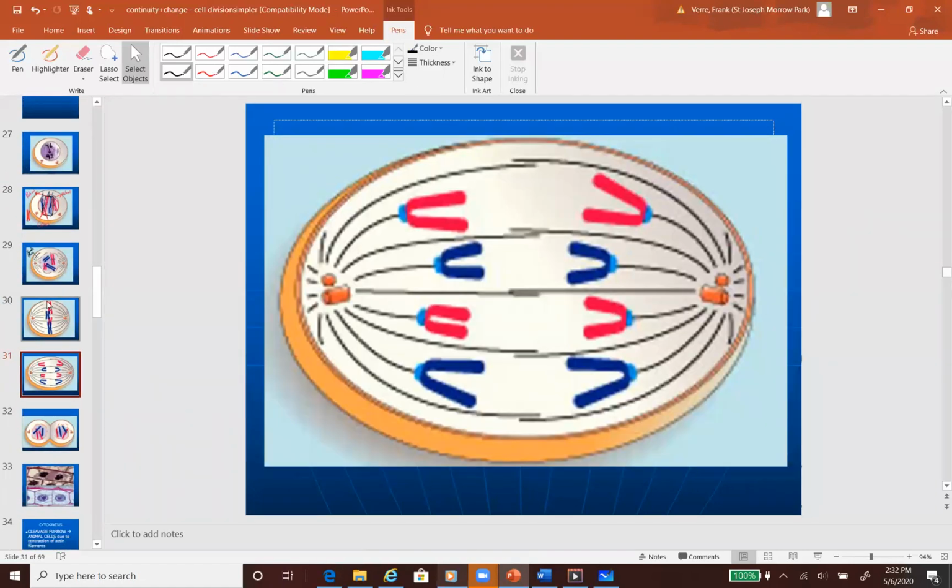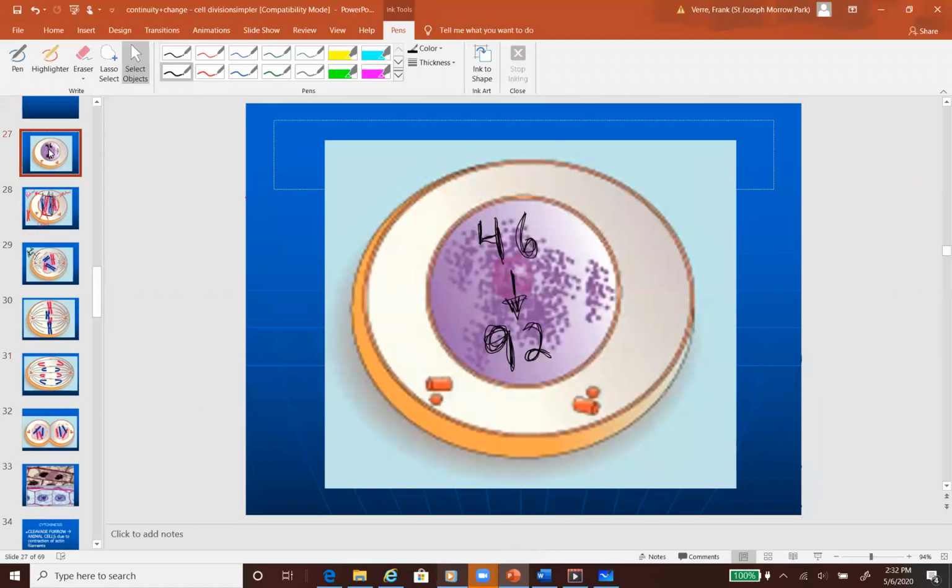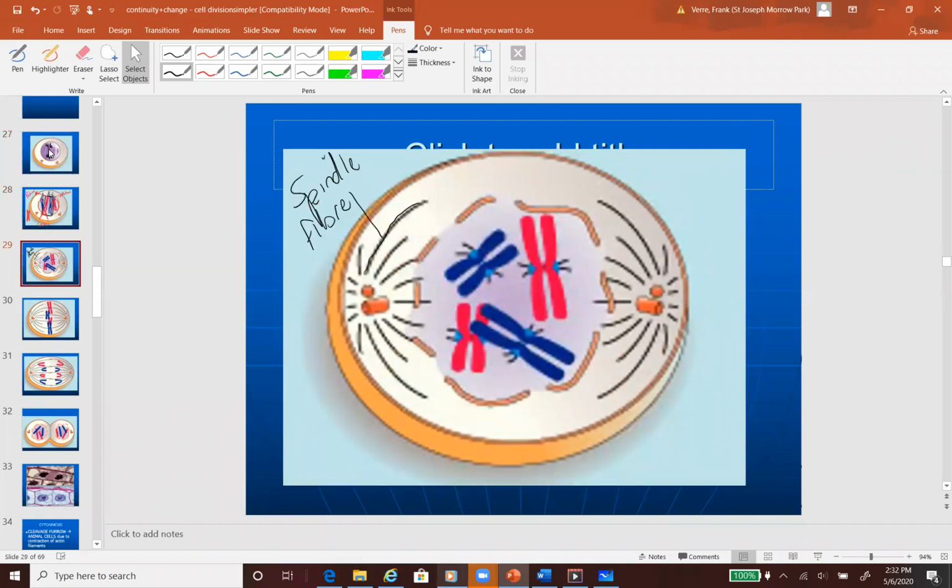Okay, so just to review, interphase is the process of preparation, and then mitosis is when the cell is going to divide. And mitosis can be divided into 4 stages. One is prophase. That's when you can see the nucleus is breaking down and the spindle fibers are elongating.